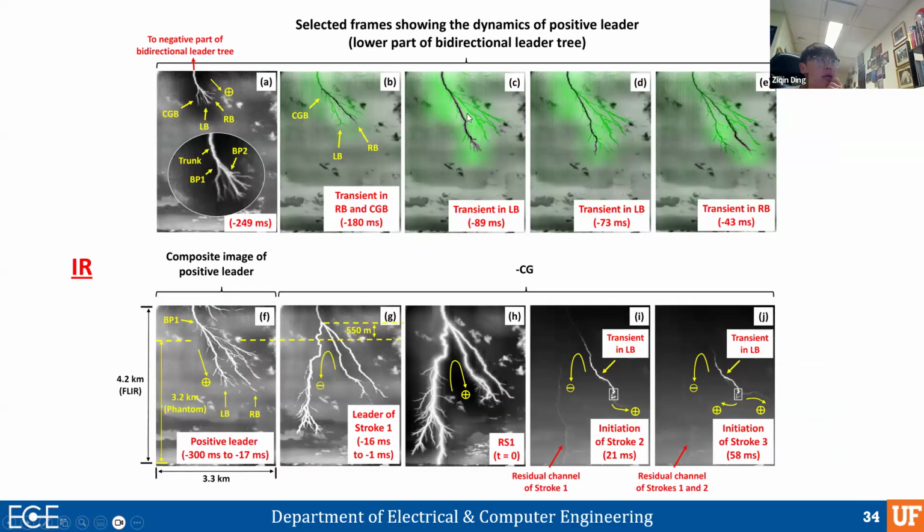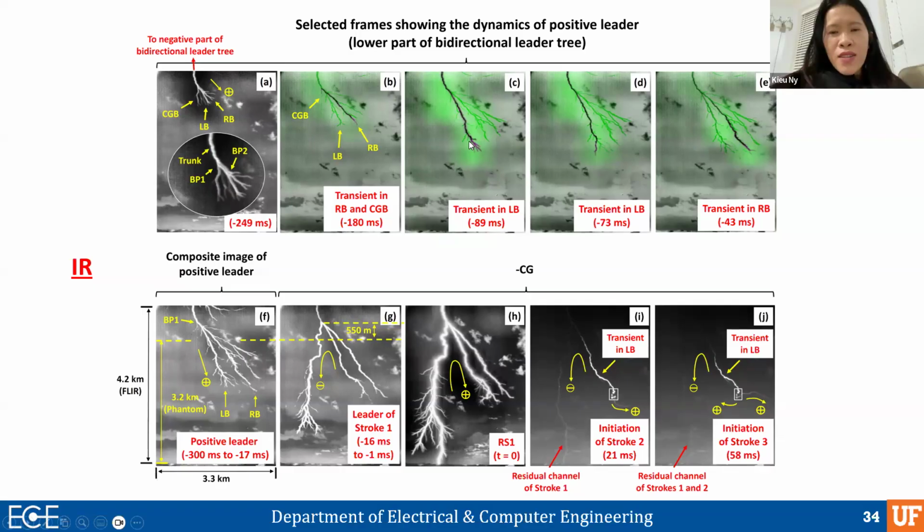Excuse me, what is the green color? Here are all the infrared images. The green color corresponds to all the leader channels that happened before, and the black channels are what is currently happening for the leader, overlapped on the previous leader channels.